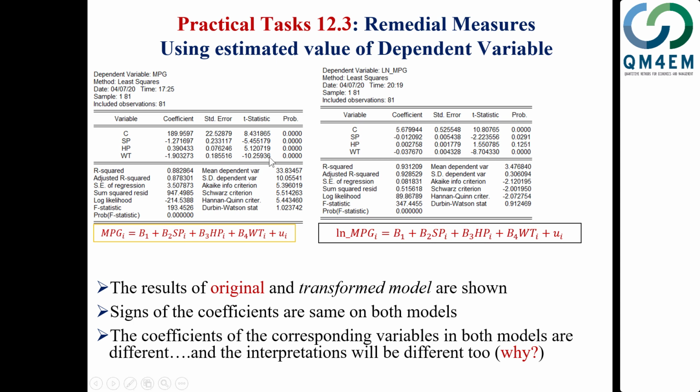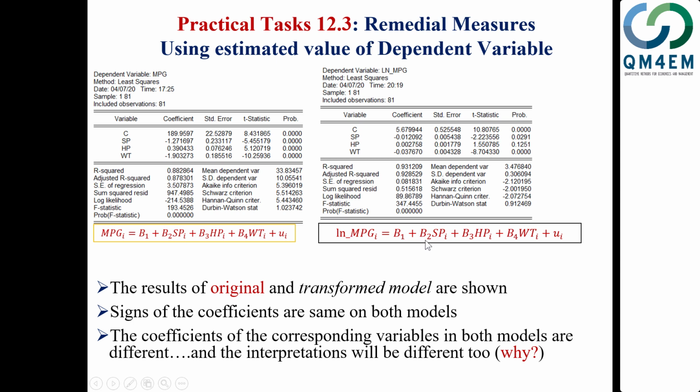The reason for the difference is that on the left-hand side we have the dependent variable in linear form and the independent variables also in linear form. So here one coefficient, for example beta 2, shows that if SP increases by 1 unit, MPG responds by beta 2 units. But on the right side, when we are using ln of MPG, we have a log-linear model.